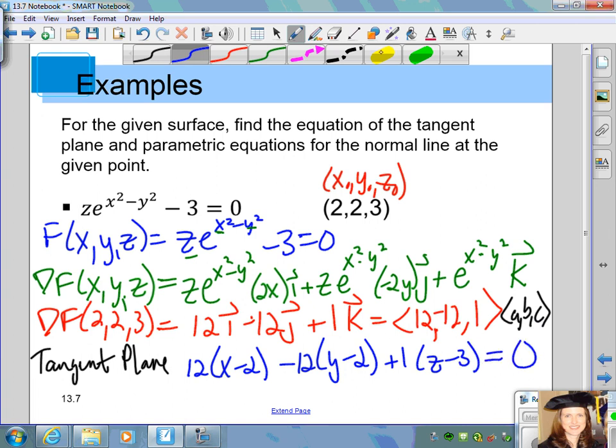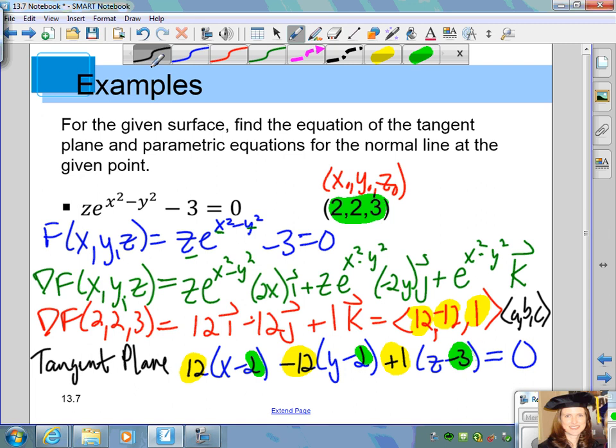And again, what I did is I used the a, b, and c from the gradient vector as the coefficients, and I used the point as your x sub 0, y sub 0, and z sub 0. Now you can go ahead and distribute and combine like terms to simplify that.